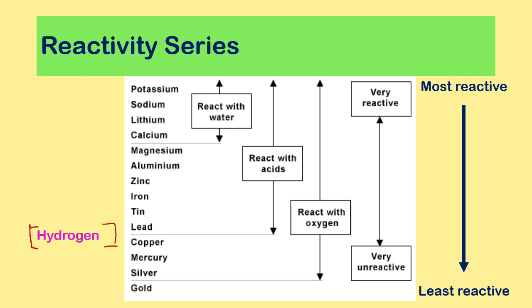Now, you can work out whether or not a metal will react with an acid based on where it is on the data booklet. If the name of the metal is above hydrogen, it will react with an acid. If it is below the word hydrogen, it will not react. Okay, and we can see this box here indicating that.